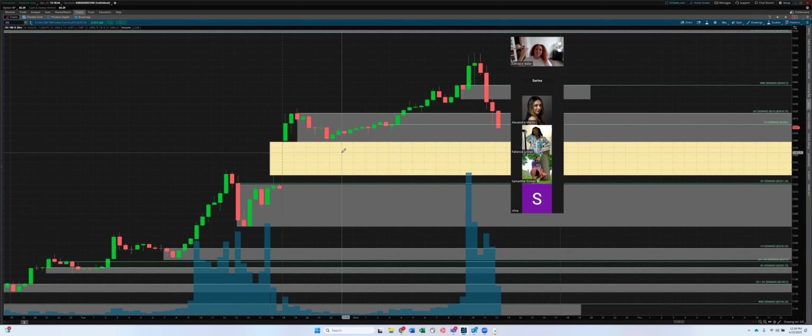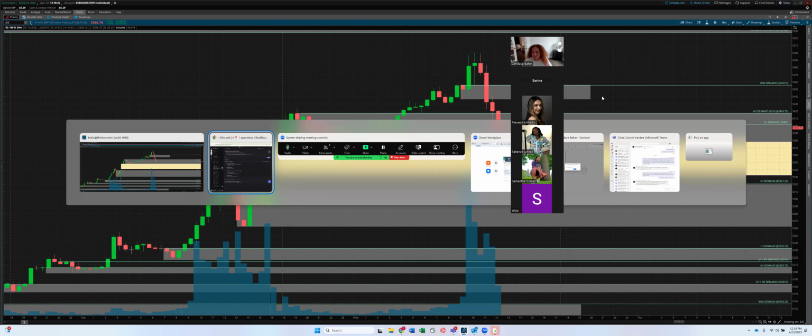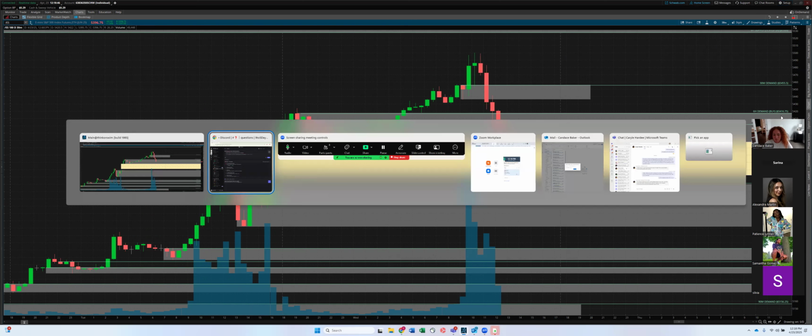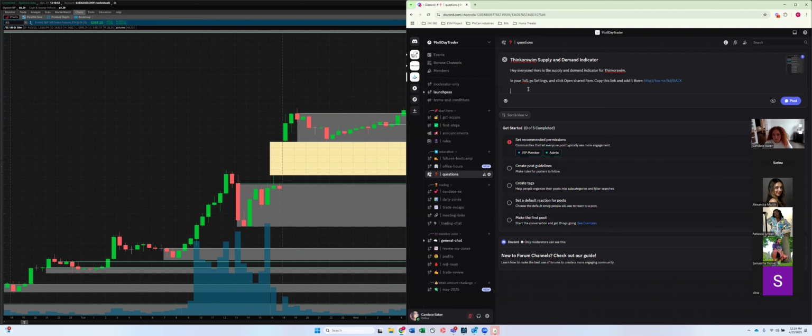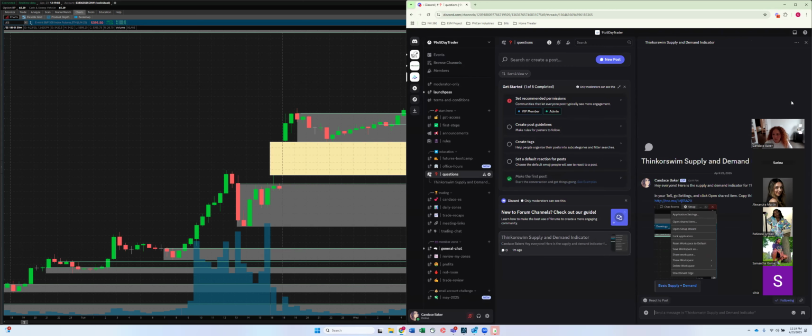I saw that there was a 30-minute supply zone made around 10 this morning. But when you mark a supply zone, you're marking the bottom of the candle where it opened and the top of where it closed, or the top wick of the second candle.